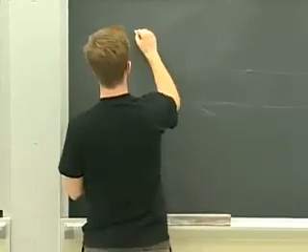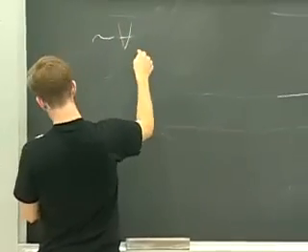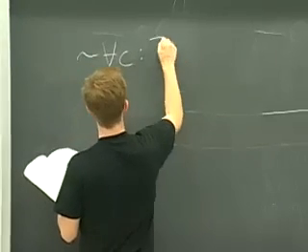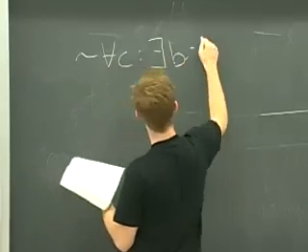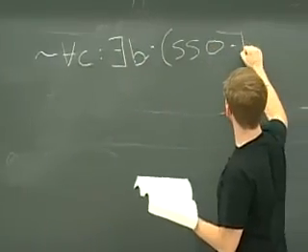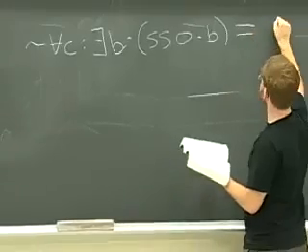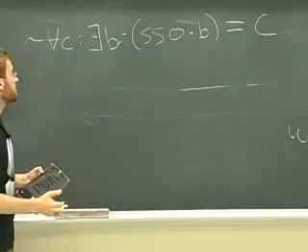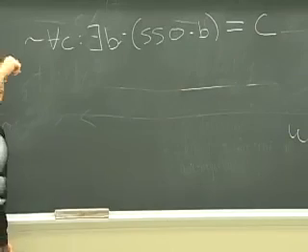So we have tilde, upside down A, C, colon, backwards E, B, colon, parentheses, SSO, dot, B, equals, C. Okay. First of all, can someone tell me what this means by giving it an interpretation, and then tell me whether or not it's true or false?